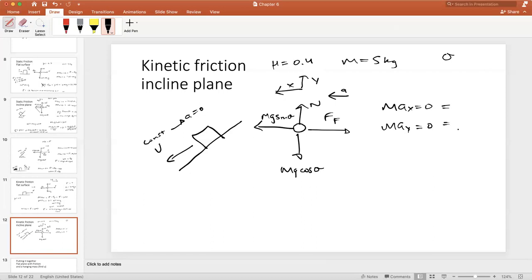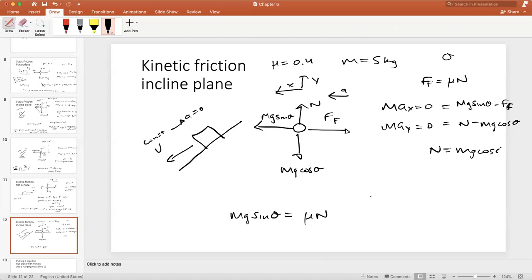And then I write those forces, N minus mg cos, and this is mg sine minus force of friction. Remember that the force of friction is mu n. Okay, so what I get is mg sine theta is mu times n, but n here is mg cos theta.